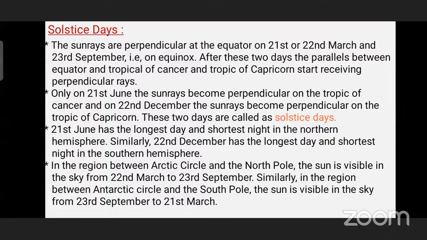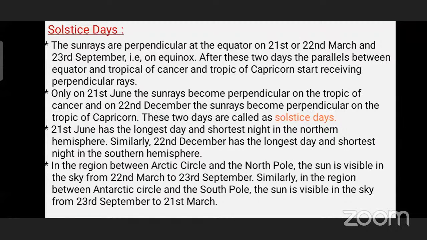So this 21st June has the longest day and shortest night in the northern hemisphere. So why is it happening, students? Because the North Pole, the northern hemisphere, is facing towards the sun. So that is the reason why it is having the longest day and shortest night.